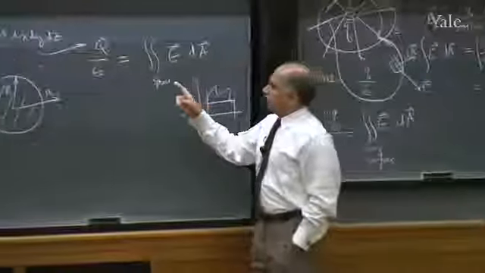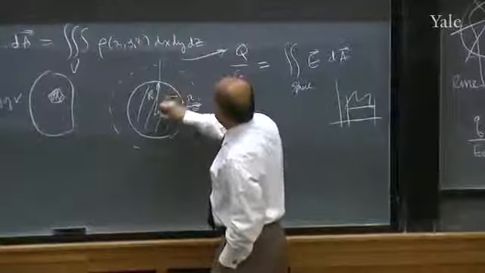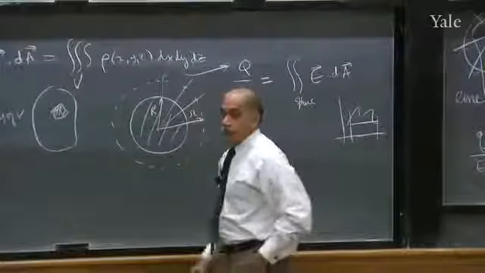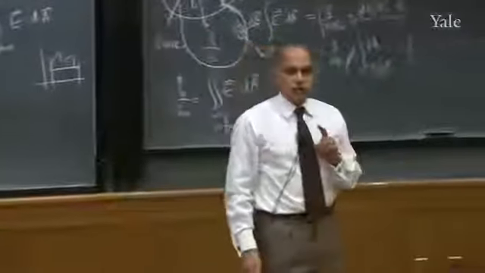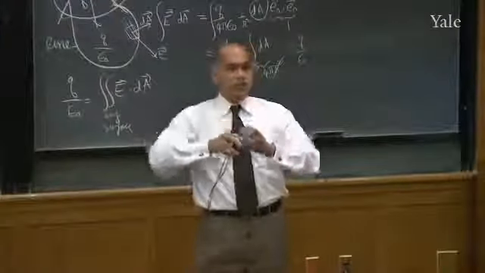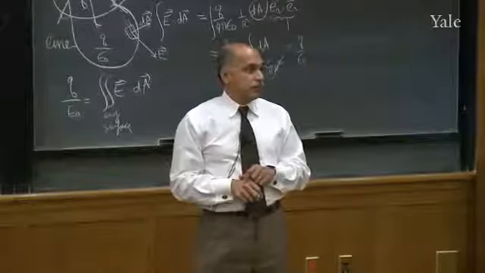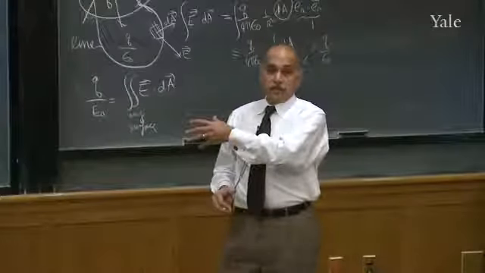And we argue that if you've got a spherical charge density, the electric field must be radial everywhere. You've not proven this, but you argue that because it's the only distribution with lines coming out everywhere, invariant under every possible rotation of the sphere. Because if you rotate the sphere, I won't know you rotated it.